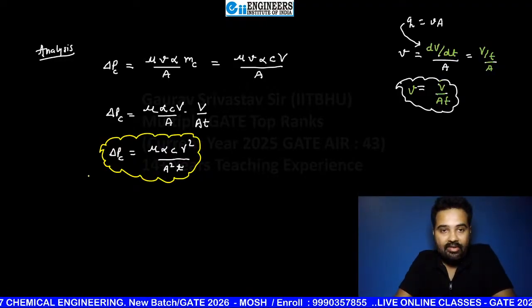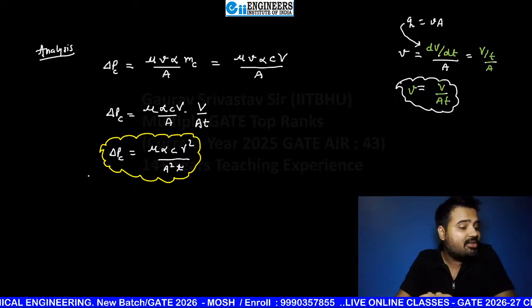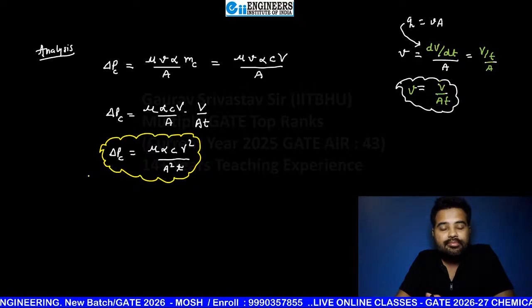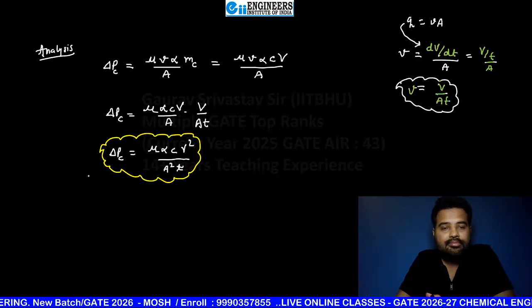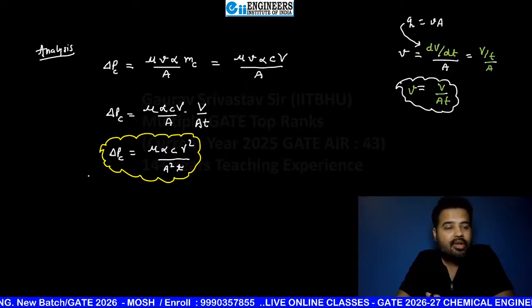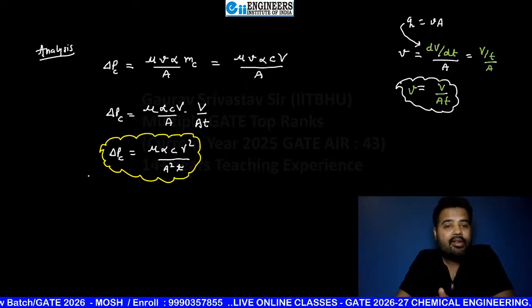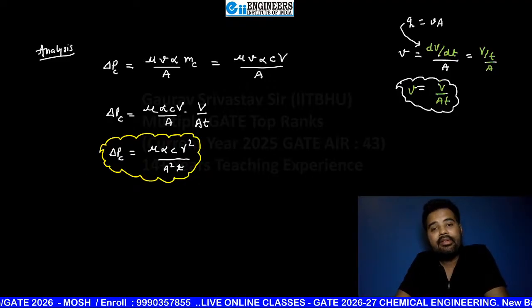Are you getting it, beta? Can we do this thing? The question is this: can we write delta Pc in this manner? Yes or no?